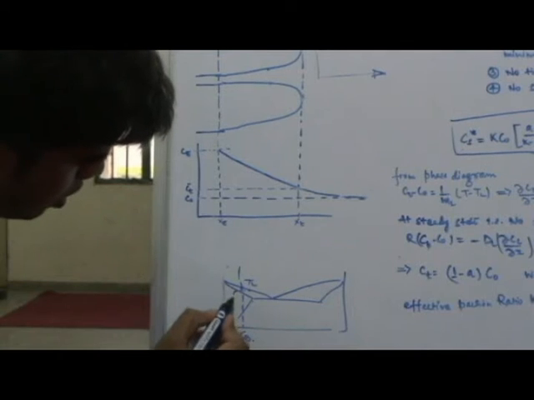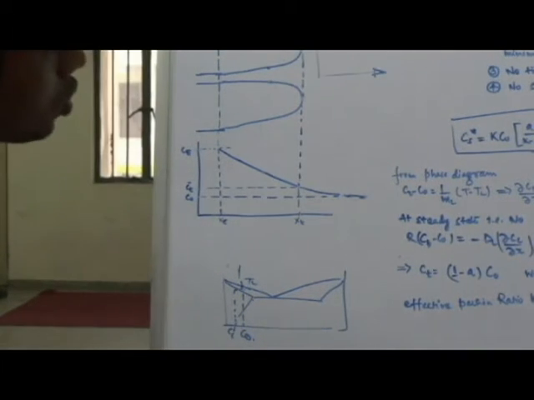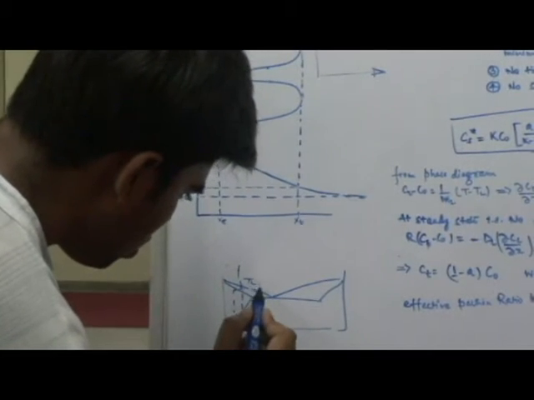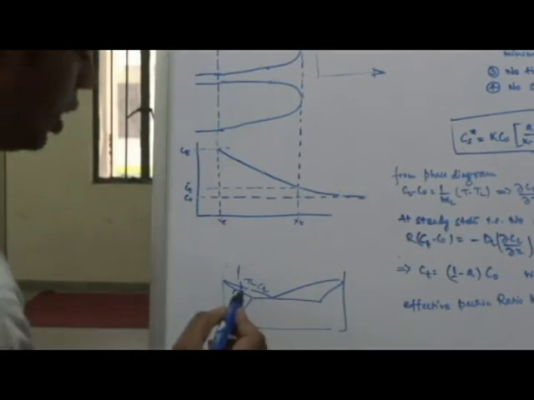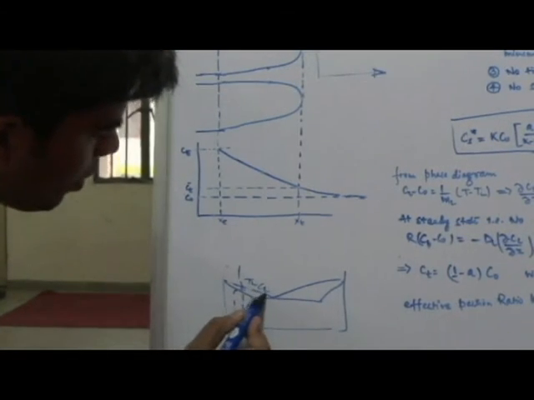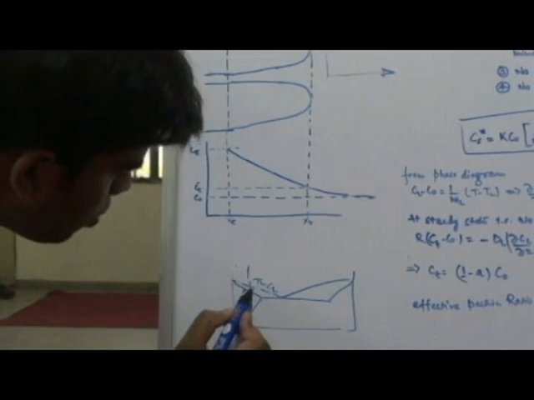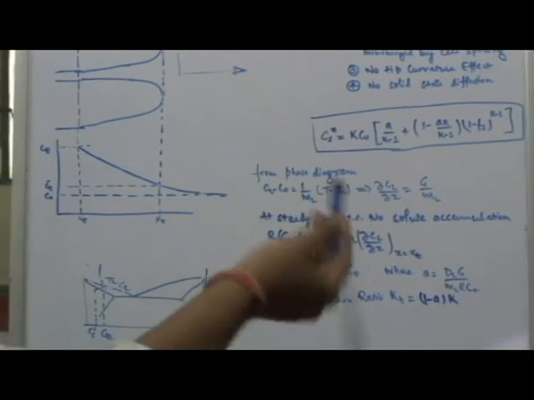Let's say this is some concentration CS1. This is Cl, which is this concentration. So we get this relation. This is the slope of the line ml, and this temperature is TL, and the temperature just below is T. So we get this relation: Cl minus C naught is equal to 1 by ml times TL minus T.